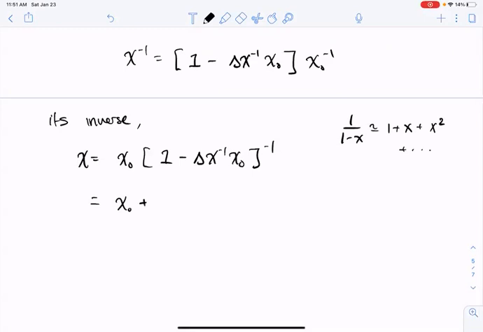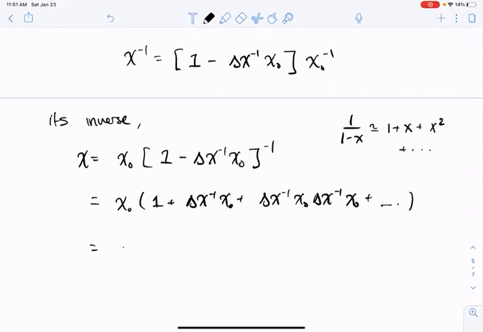To second order I have a delta chi inverse chi naught plus a delta chi inverse chi naught delta chi inverse chi naught plus higher order terms.